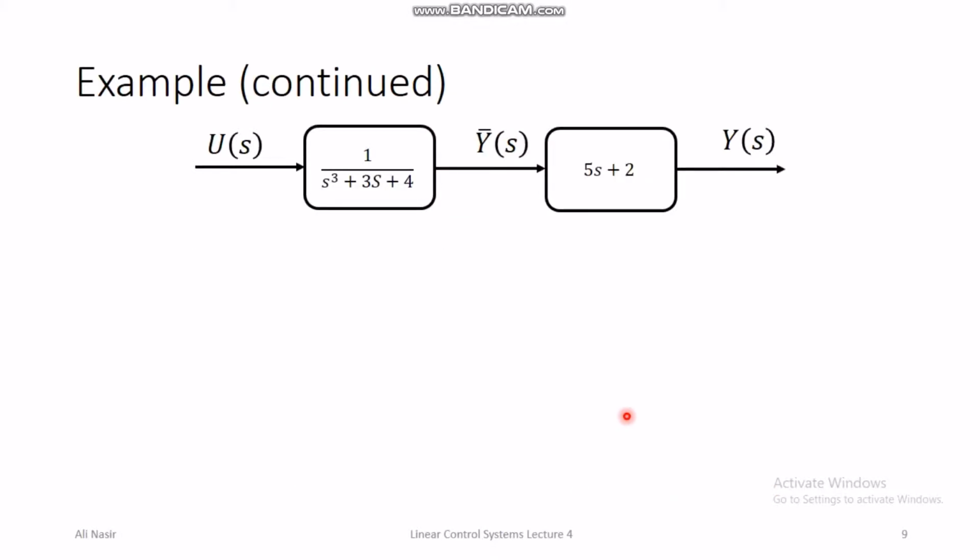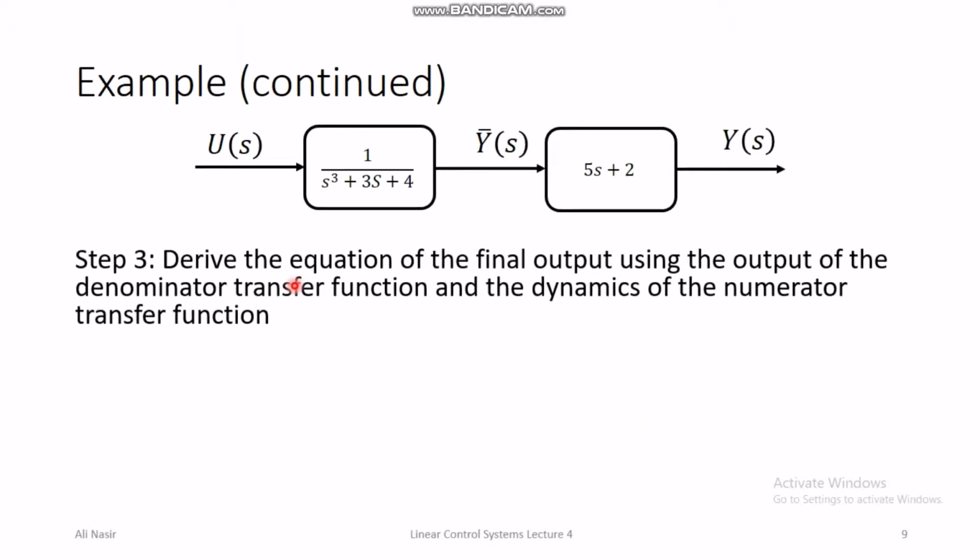Now the next step is to derive the equation of the final output using the output of the denominator transfer function and the dynamics of the numerator transfer function. So if you look at this transfer function, this has a denominator equal to 1. So the input will be simply y bar, and at the output you will have 5y dot plus 2y.